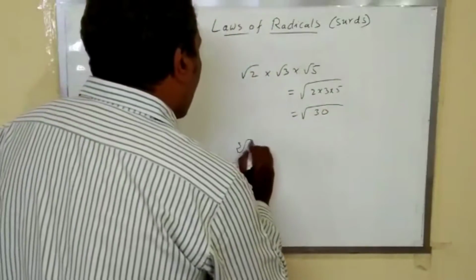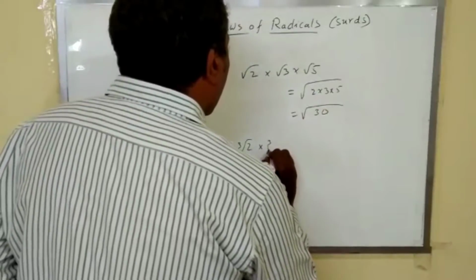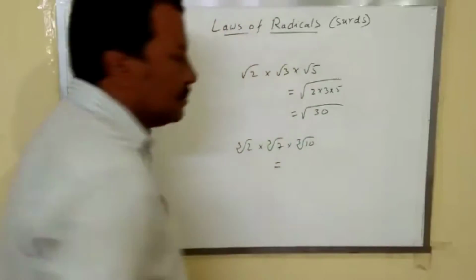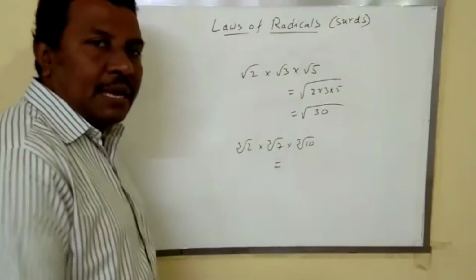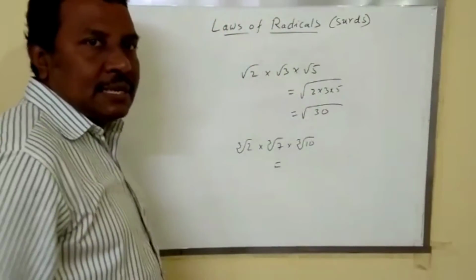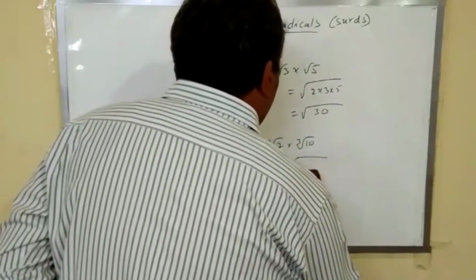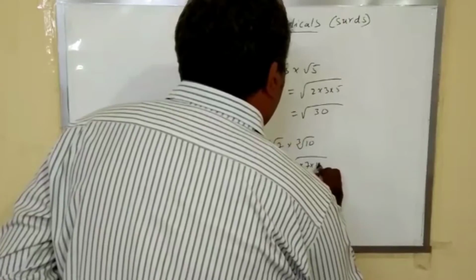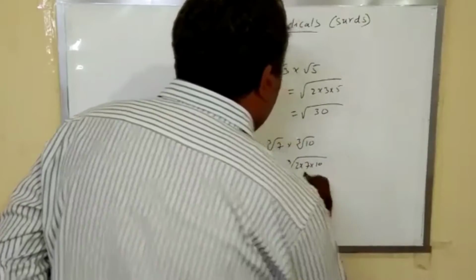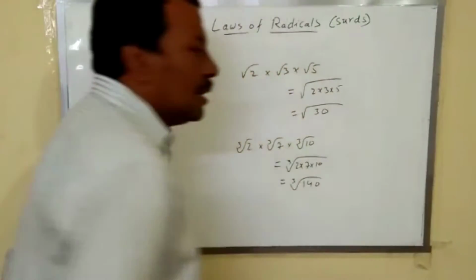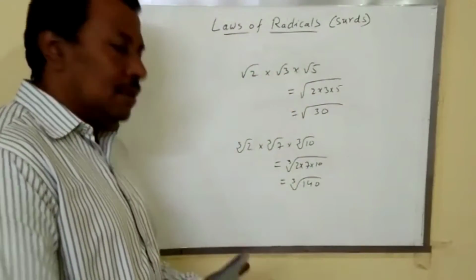Or cube root of 2 into cube root of 7 into cube root of 10. You can multiply even three surds of the same order. That is equal to cube root of 2 into 7 into 10. 7 2s are 14. 14 into 10 is 140. That gives cube root of 140. Okay.